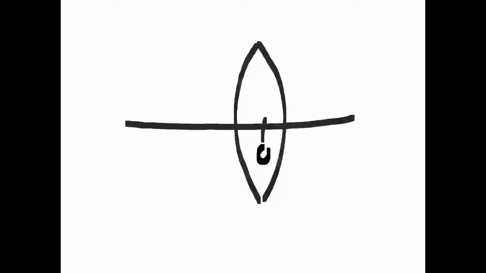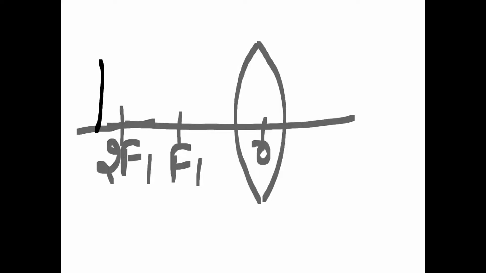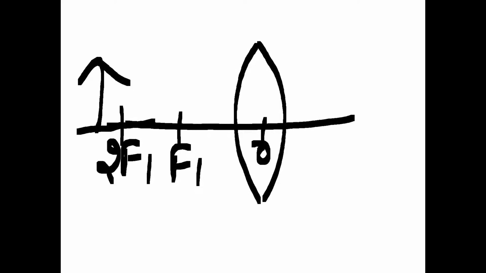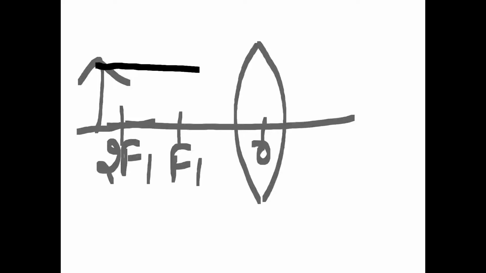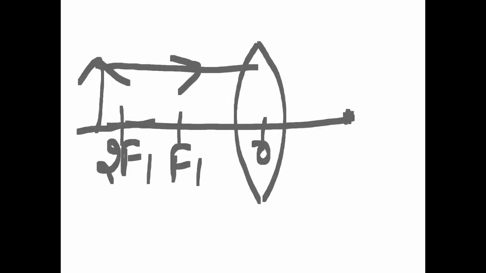After that, next ray diagram. If the object is placed, this is optical center, this is f1, this is 2f1, beyond center of curvature, right? First ray will go parallel to principal axis, then it will pass through the focus.